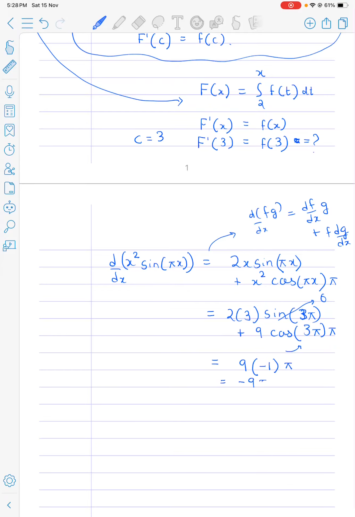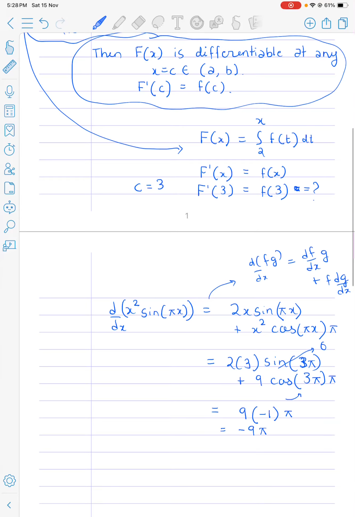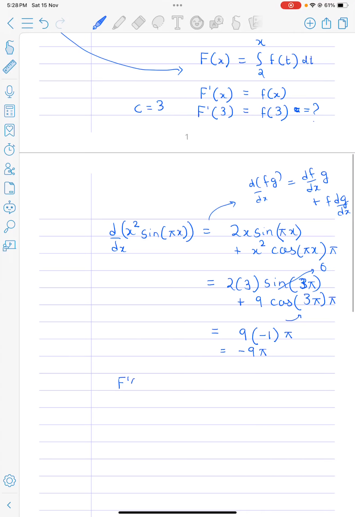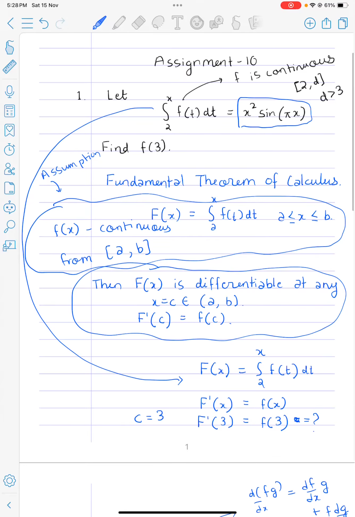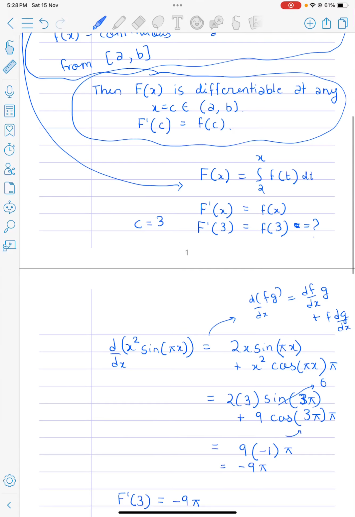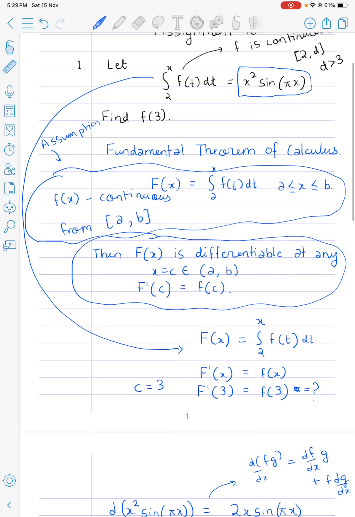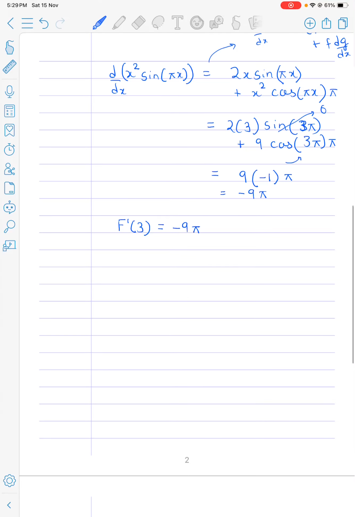So this will be minus 9 pi. So F dash 3 equal to f(3) is equal to minus 9 pi. So f(3) is equal to minus 9 pi.